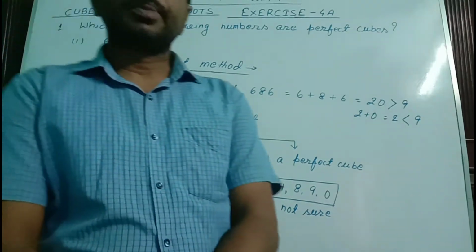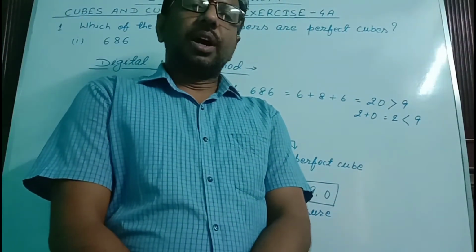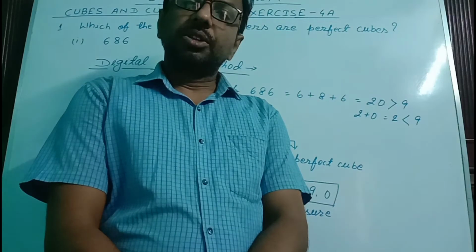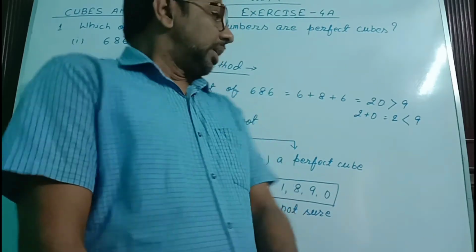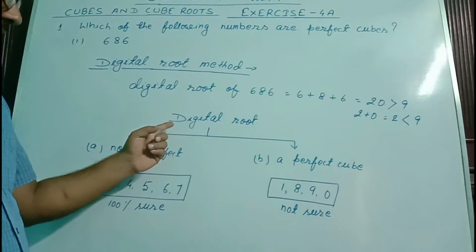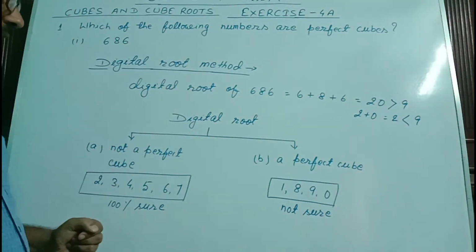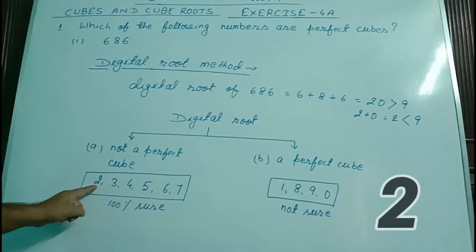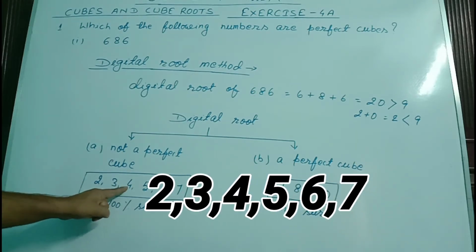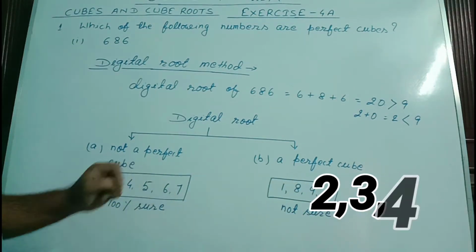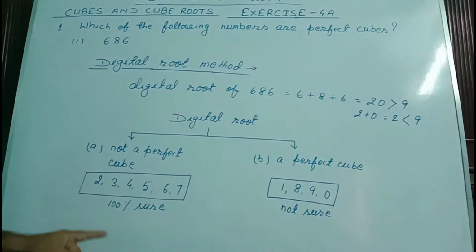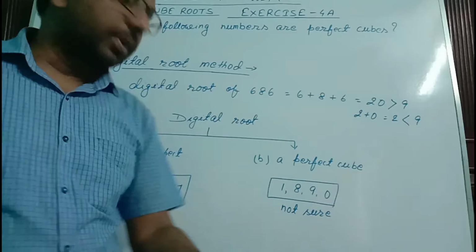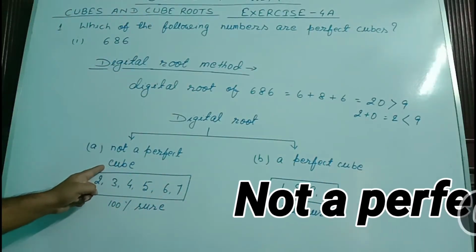So my dear, in this process, at first you have learned how to find the digital root of any given number. And now after getting the digital root, if the digital root is 2, 3, 4, 5, 6, 7, any one among these, then we say that the given number is not a perfect cube.